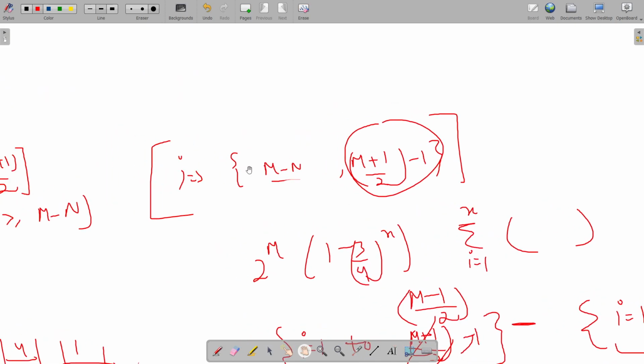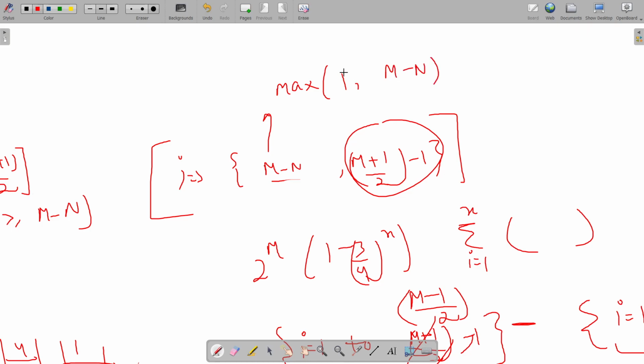One thing to keep in mind here is that instead of being m minus 1, this will be like the maximum of... the thing to take care of here is when m minus n is less than or equal to 0. So that case needs to be handled separately, because if m minus 1 is negative, instead of being m minus 1, it would be the maximum of 1 comma m minus n, right?